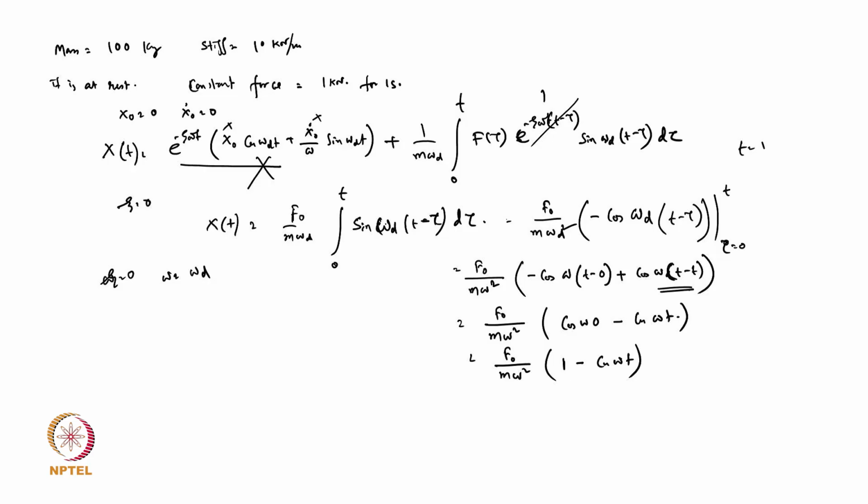Get the point? Now we have to think about one point: if we are changing the force instead of a constant value, if you make it exponential or something, then you have to perform integration by parts, because then it will have two terms.